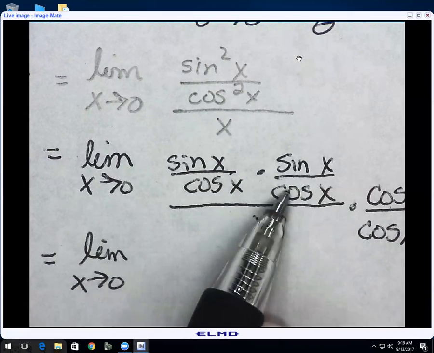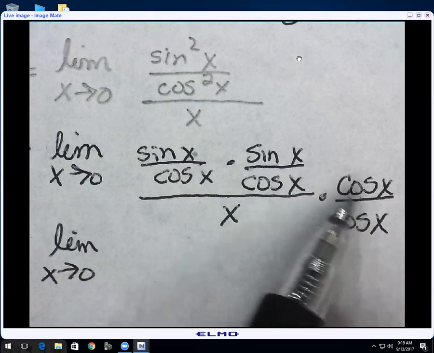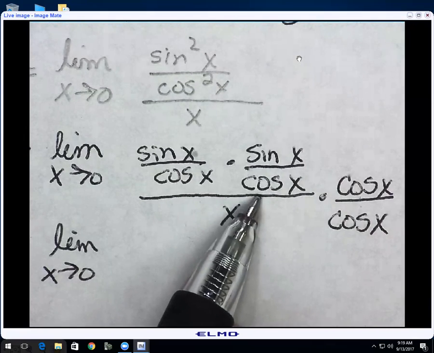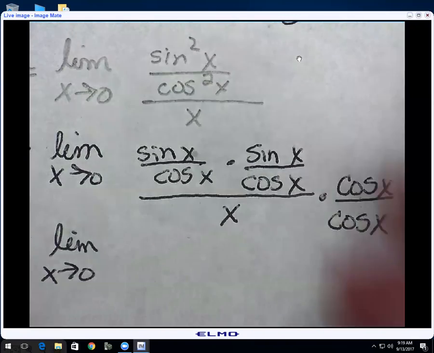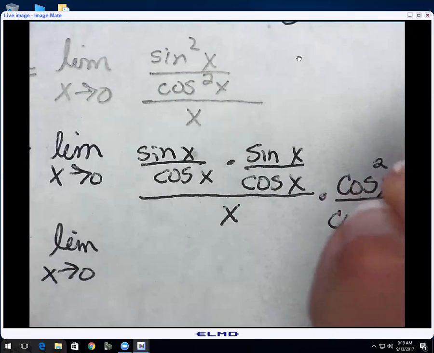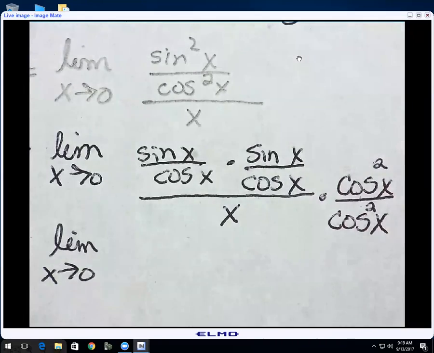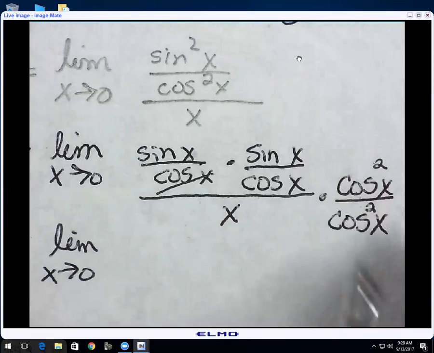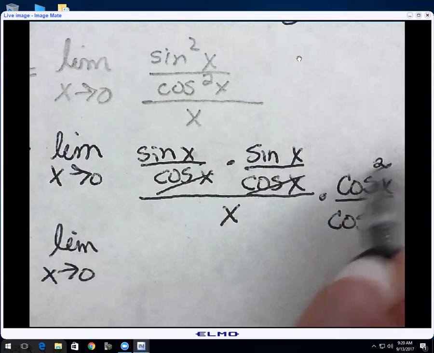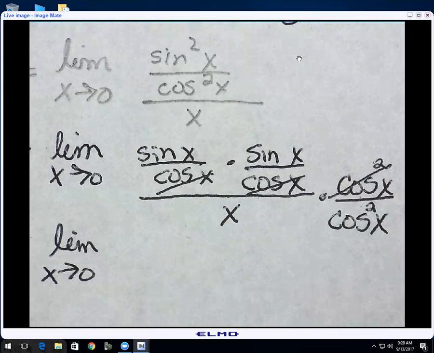But that's multiplication, and so this cosine is only going to cancel out one of those cosines. If I want to cancel them both, I'm going to really have to multiply by cosine squared, so that one of the cosines cancels this, and the other cosine cancels that. Yeah, it would have been easier just to do that on the step above, but we didn't know that.